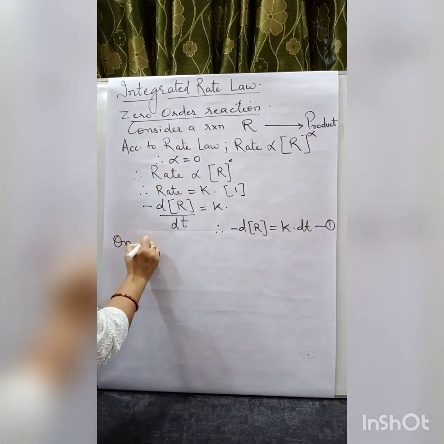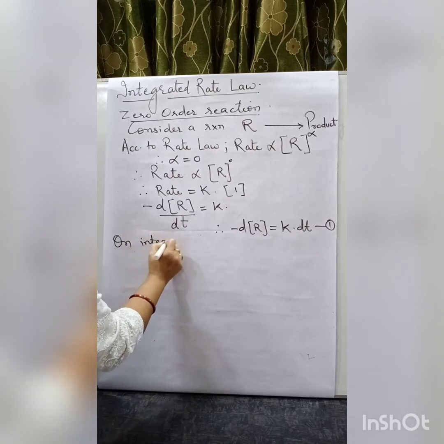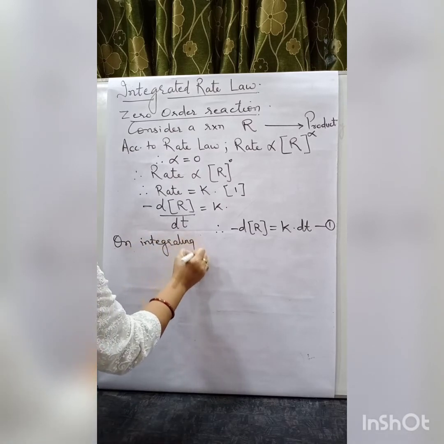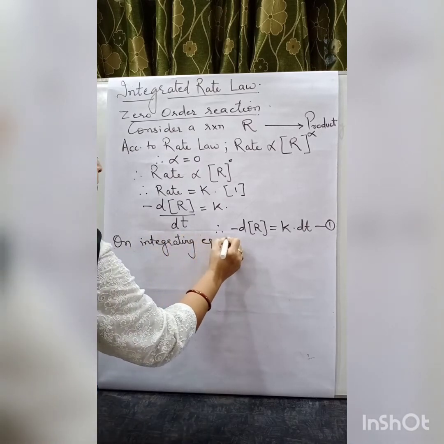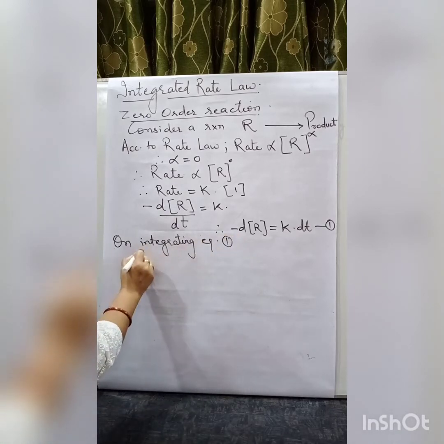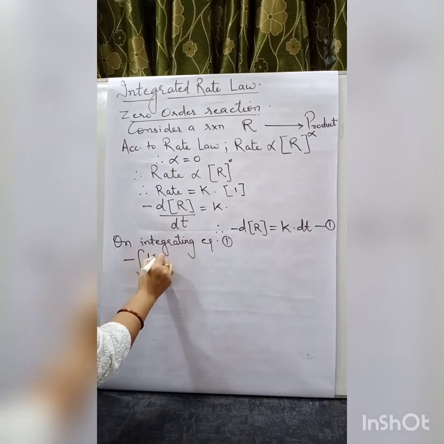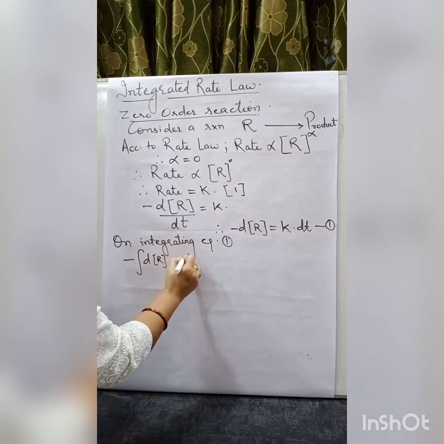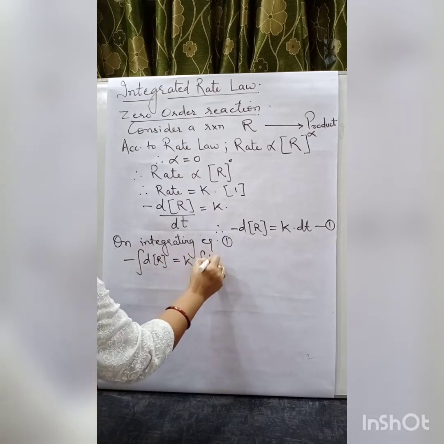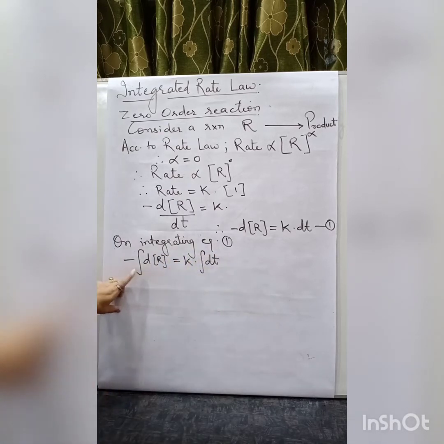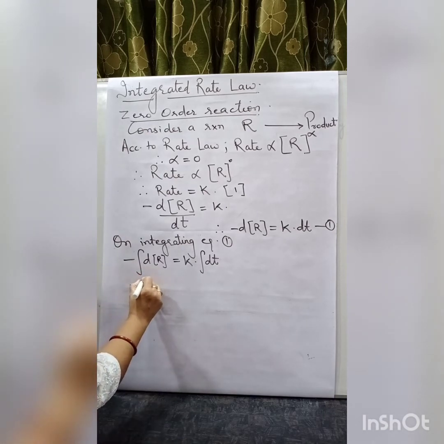On integrating equation number 1, minus dR is equal to K into dt. When you integrate this dR, you are going to get minus R, as the minus is already there.